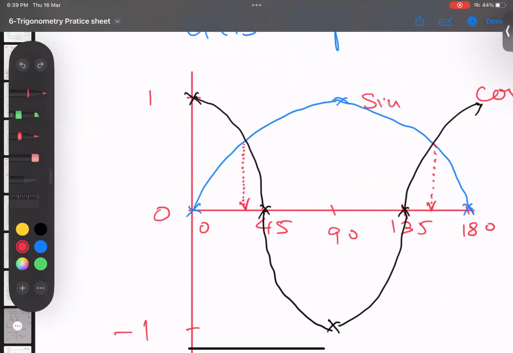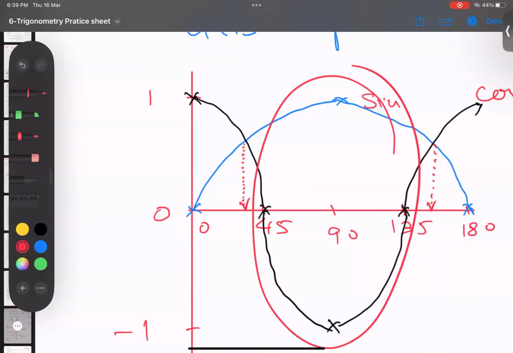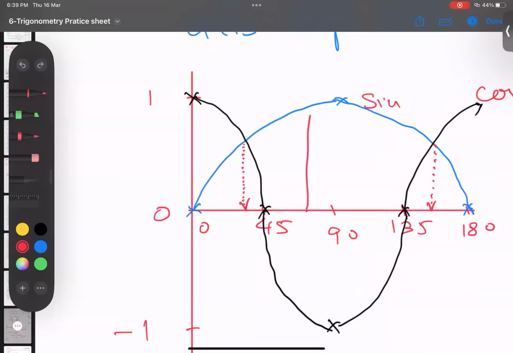At this level, the sine value, this blue curve, is below. Okay, what about the middle? Check. At this angle, the blue curve is bigger and the black curve is smaller. So it means it flipped. My answer is lying between this range and this range.